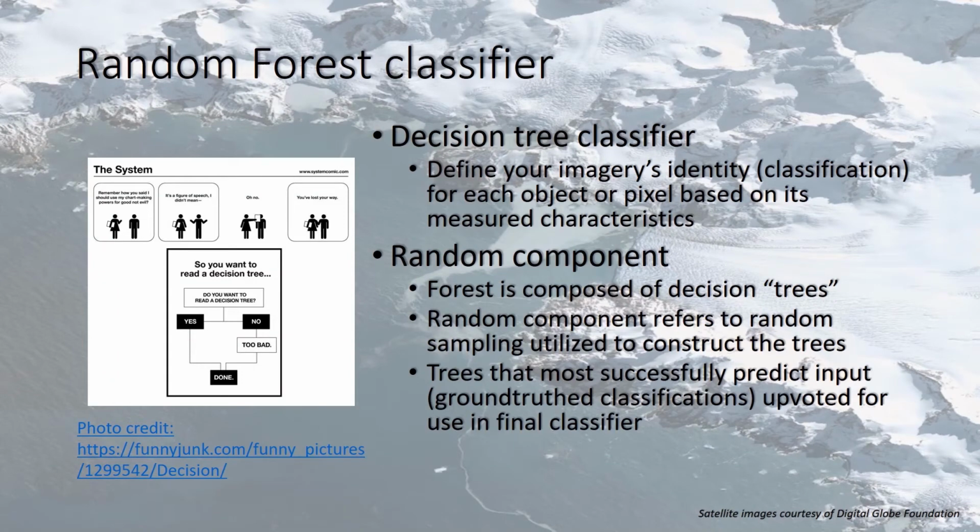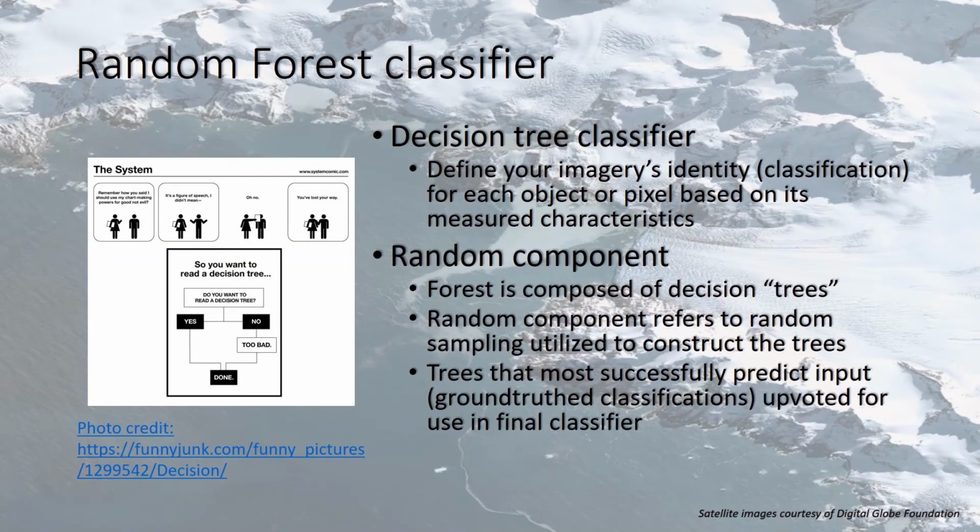And essentially, in the end, after all these randomly configured trees have been constructed, the way that the classifier decides which trees are going to be used in the final classification is basically a process called upvoting.